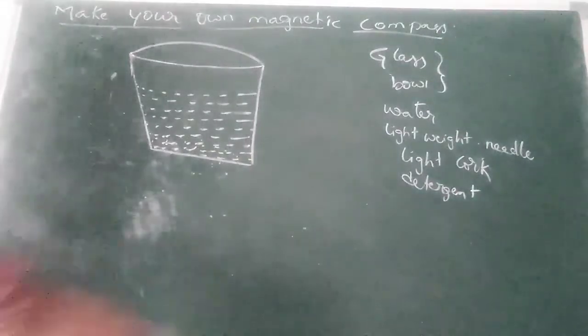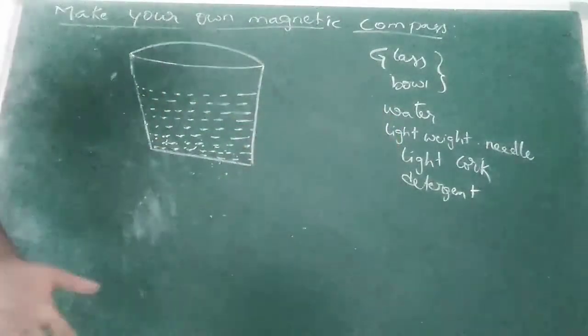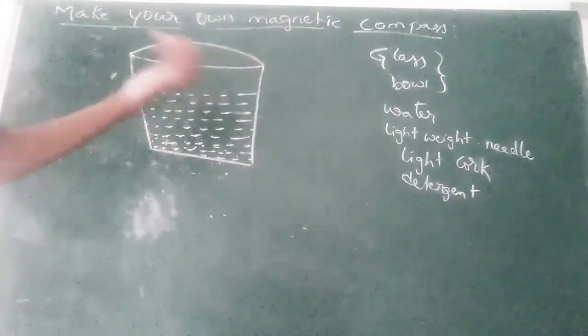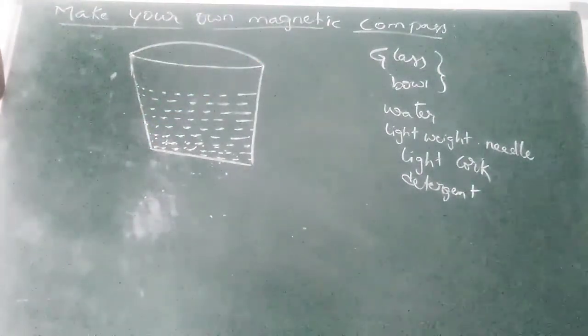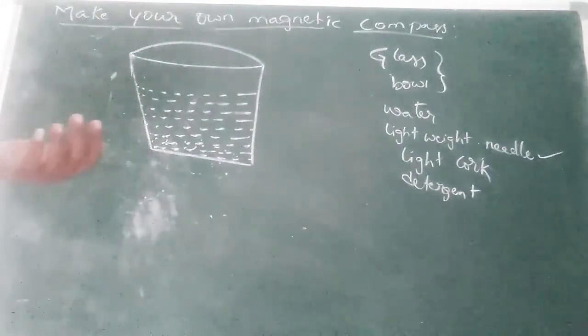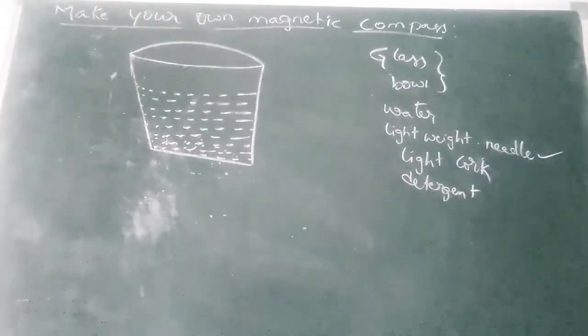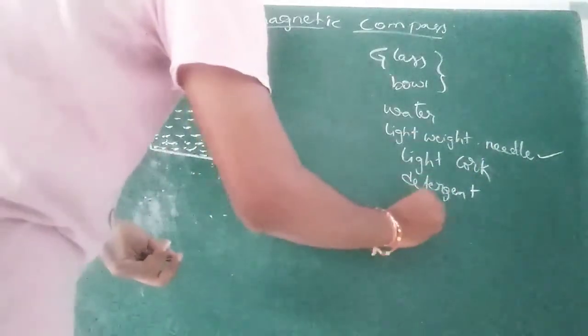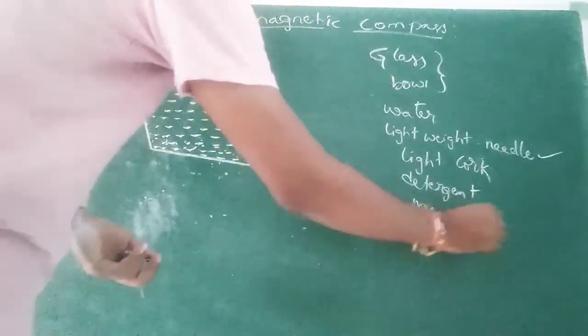So initially we have a lightweight needle, which is not magnetized. To make our own magnetic compass, we require a magnetized needle. So we have only a needle. As I said previously, by the single touch method we can make a magnetic material into a magnet. So here we need also a magnet.